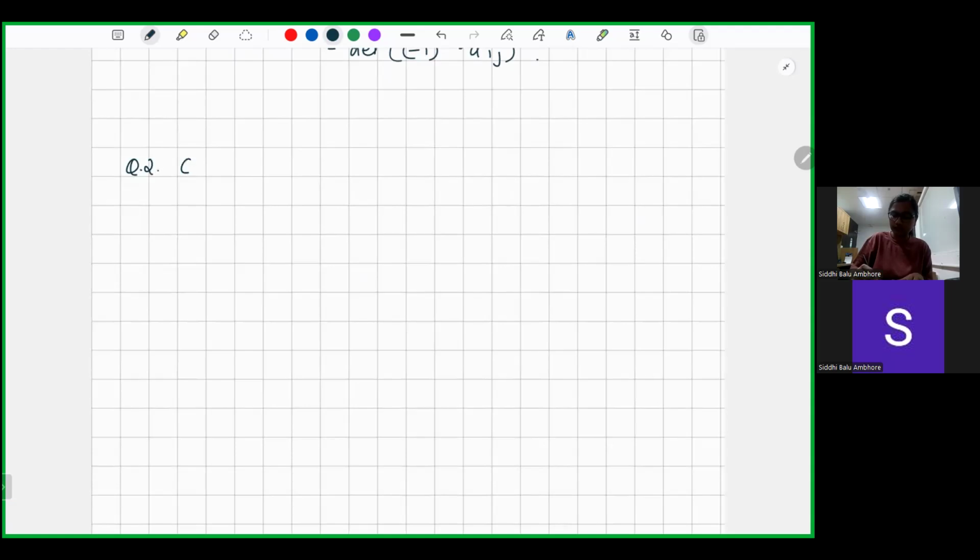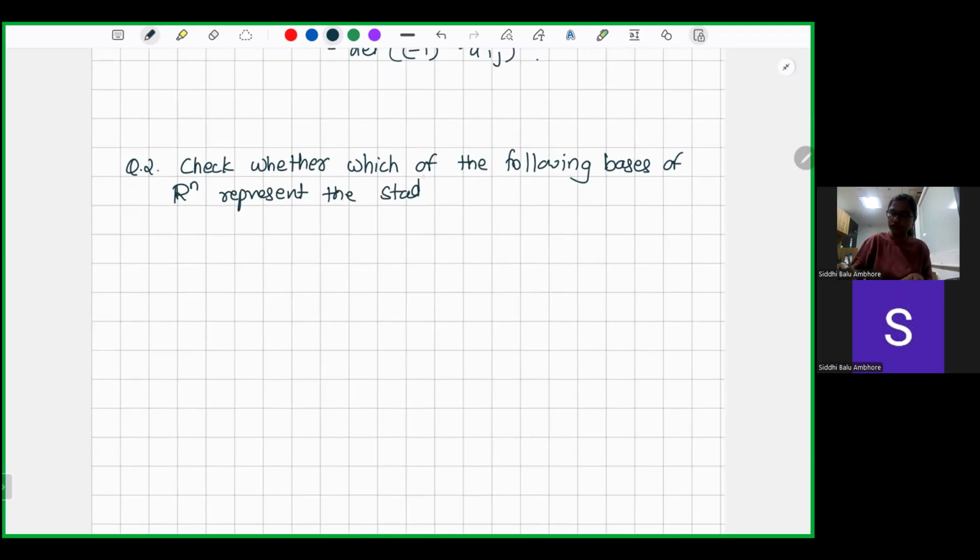Question 2. Check which of the following bases of Rn represents the standard orientation.